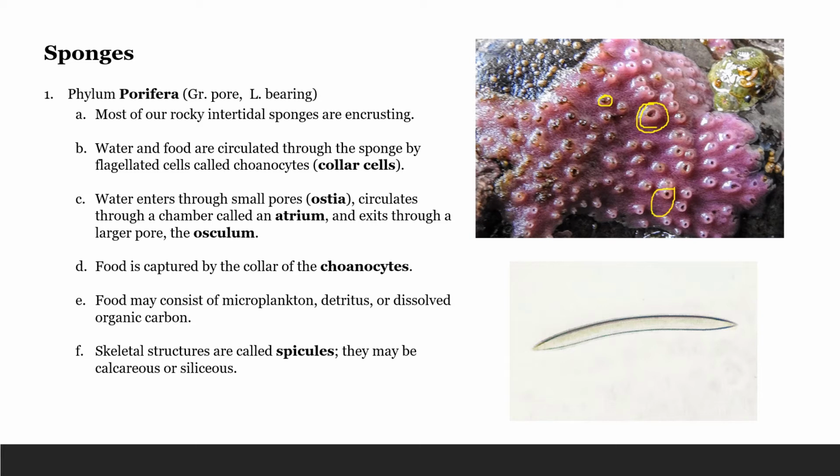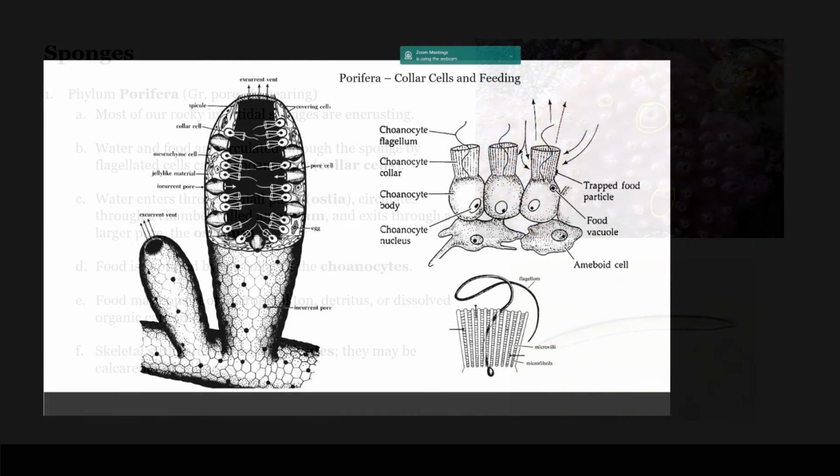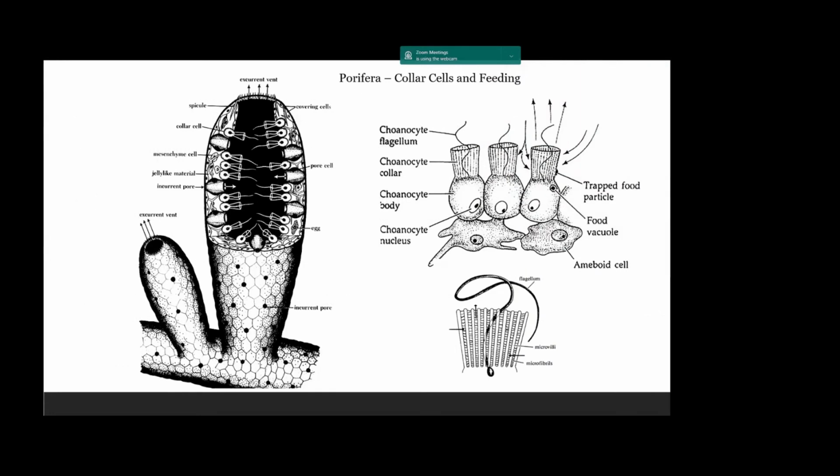And around these are microscopic pore cells, microscopic pores. And the sponges feed on detritus, that is little organic particles in the water. They feed on microplankton, or actually they may feed on dissolved organic carbon that's dissolved in the water.